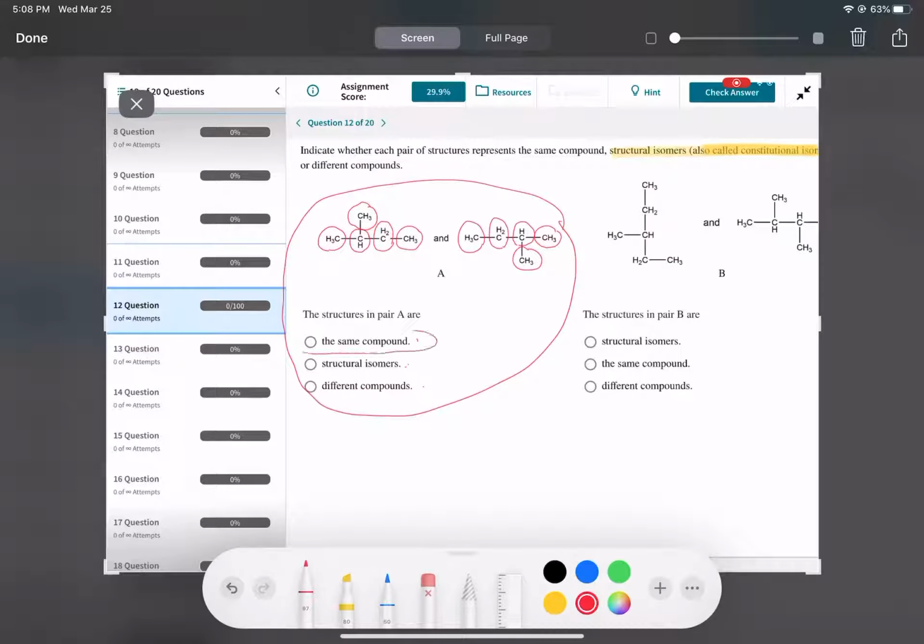So these guys are the same. They're not pointed in the same direction. This one has its extra CH3 on the left-hand side, and this one has it on the right-hand side. But again, direction doesn't matter here. It doesn't make any difference. If you can find the pattern, find the same arrangement of atoms, then they're the same molecule.